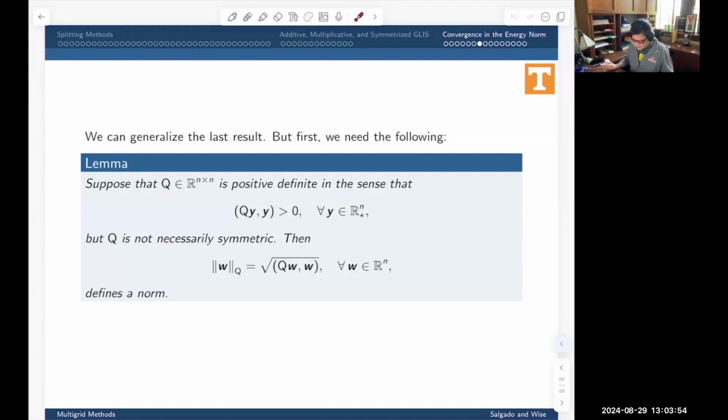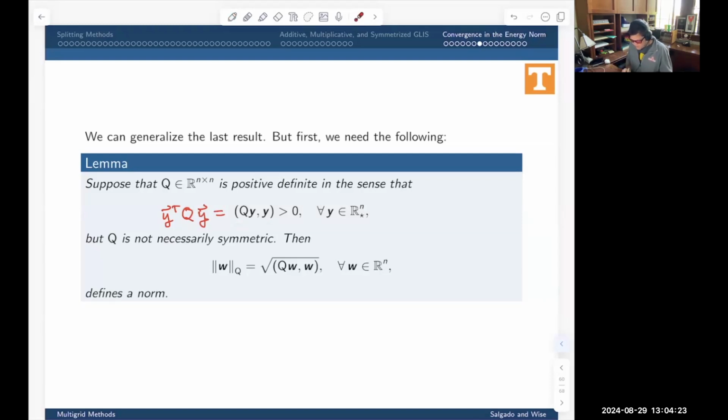What I want to say is, well, suppose that this Q matrix, just some n by n matrix, is positive definite in the following sense. With respect to the Euclidean inner product, what this means is that we have y transpose Q y. That's what we get by using this Euclidean inner product.